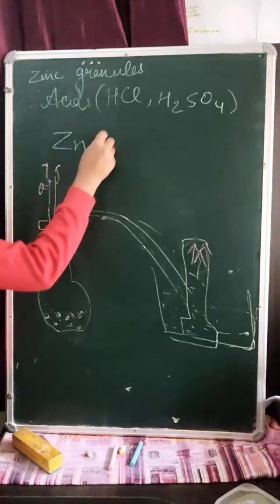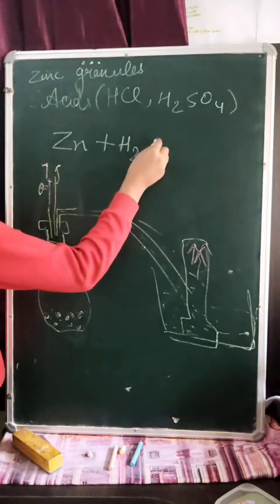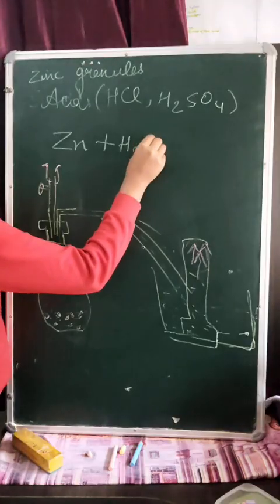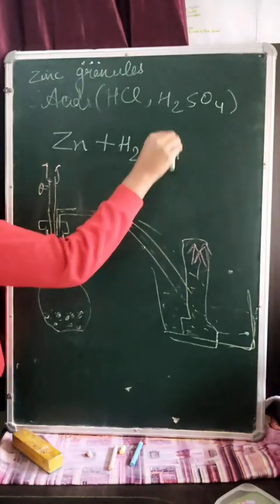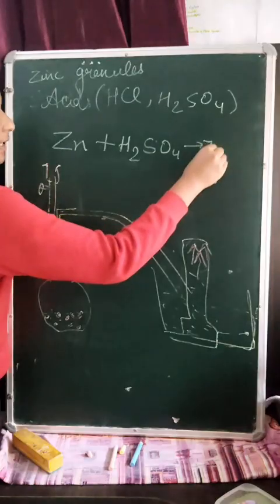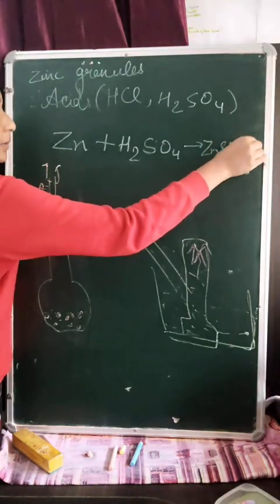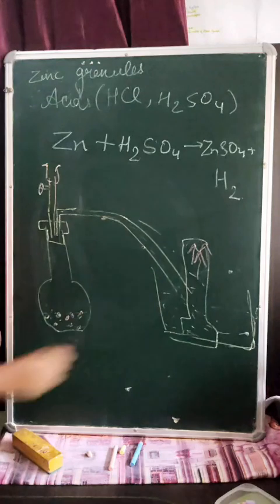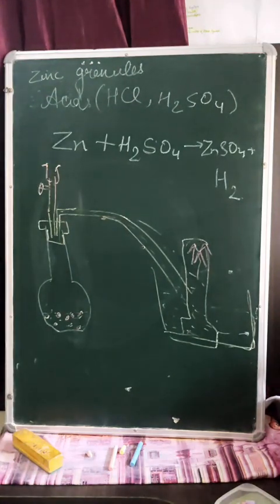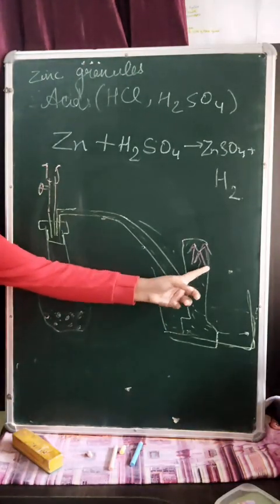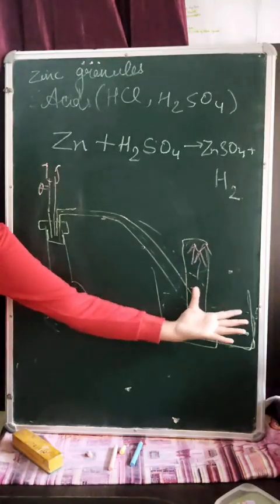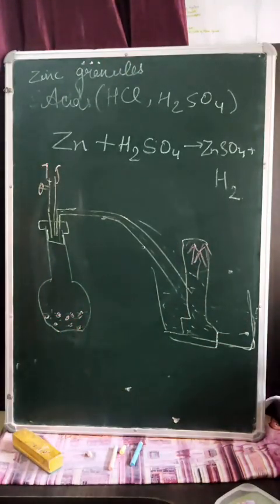So therefore the equation will be, we are taking H2SO4 which will give ZnSO4 plus H2. So this will be the reaction. Hydrogen is collected by the downward displacement of water as seen over here, because the hydrogen is stored here and the water is down. So this process is called the downward displacement of water, by which the hydrogen is collected.